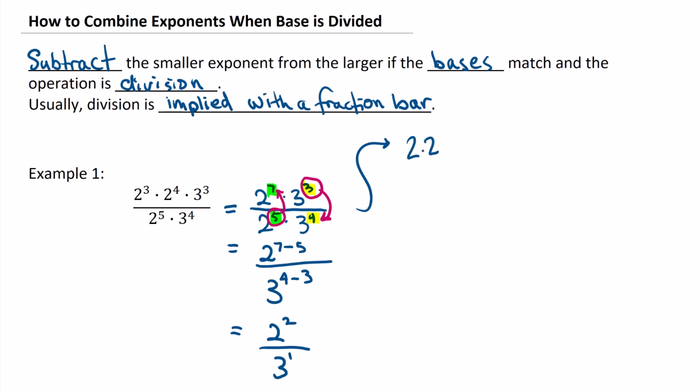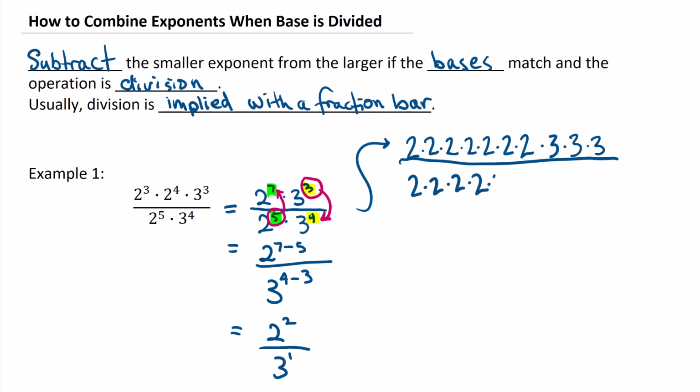So 1, 2, 3, 4, 5, 6, 7 times 3 to the third, so 3 times 3 times 3. And then in the denominator, I'm going to have 2 times 2 times 2 times 2 times 2, and 3 to the fourth, so times 3 times 3 times 3 times 3.